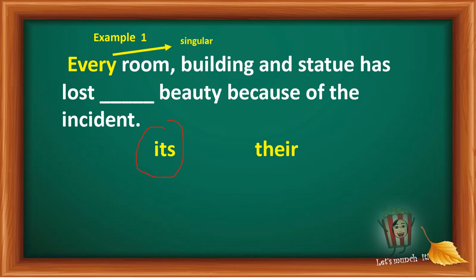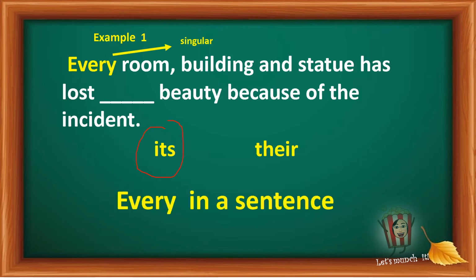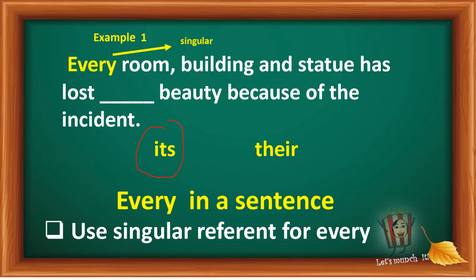At first glance, you might be confused because we have room, building, and statue. However, with this kind of sentence, we have to take note that if we encounter every before the main subject, we have to use a singular referent.